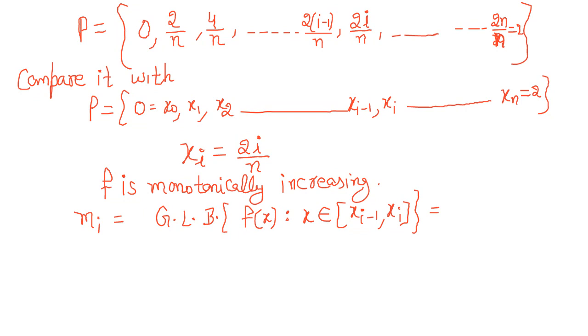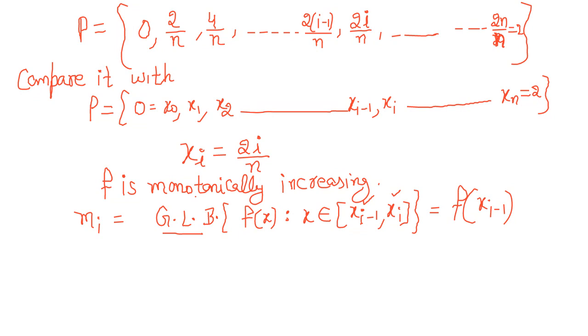If it is increasing, the GLB is at x(i minus 1); if it is decreasing, then at xi. Because the interval is a general interval, monotonically increasing means this value is the smaller one and this value is the larger one. So increasing means at the lower point we are finding the GLB, the lower value, and the lower value will always be obtained at x(i minus 1).